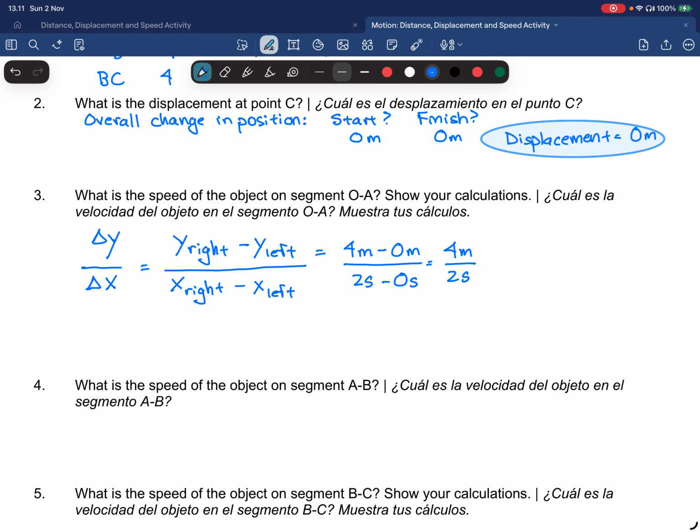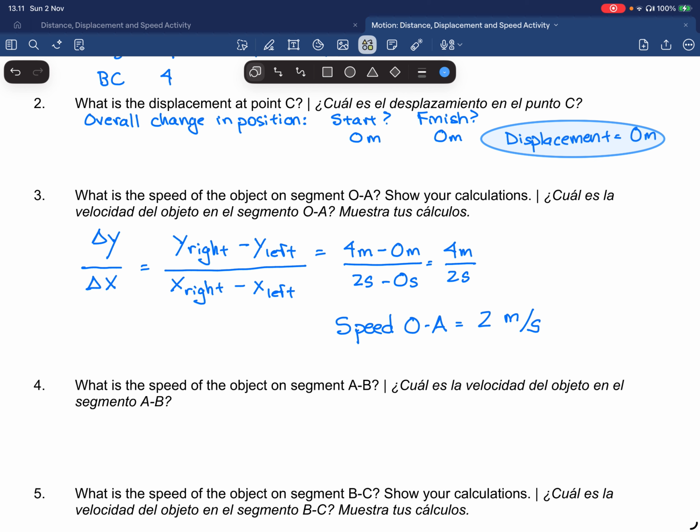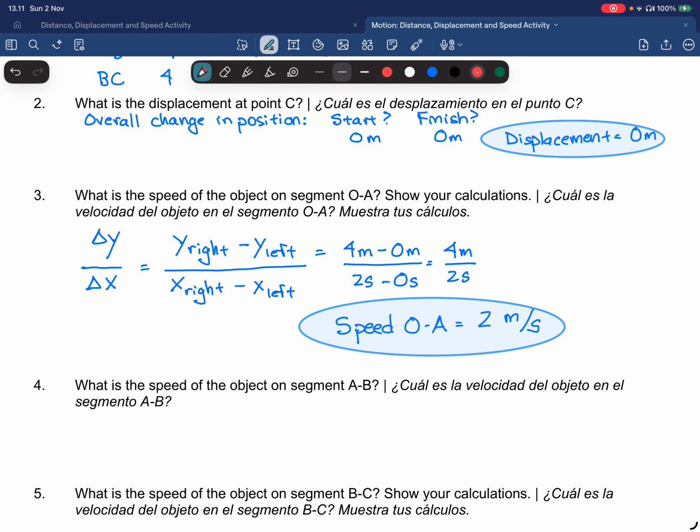Put that into your calculator and you will get speed for segment OA is equal to 2 meters per second. And you need to have the meters per second, okay? That unit is important.